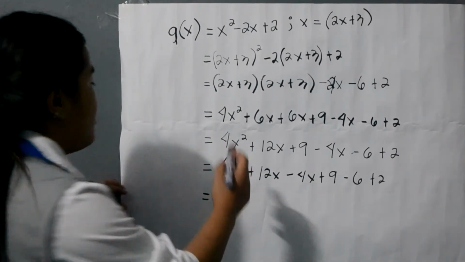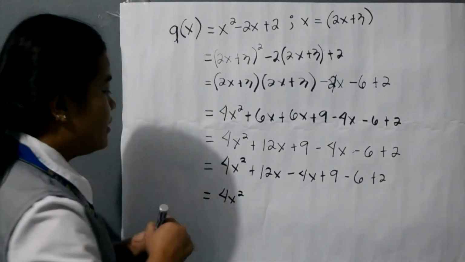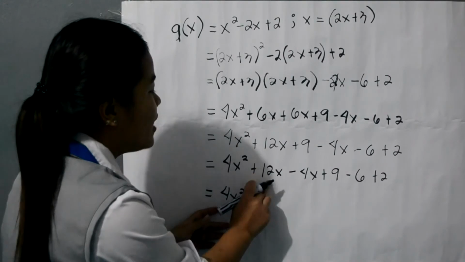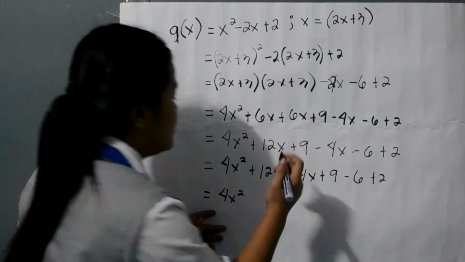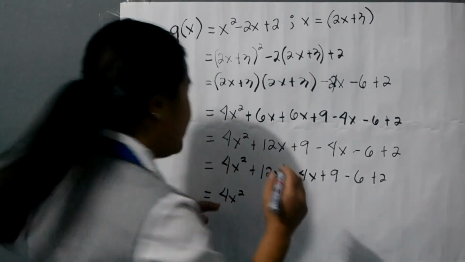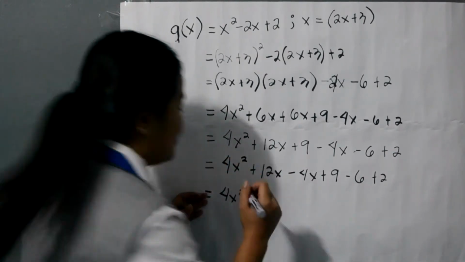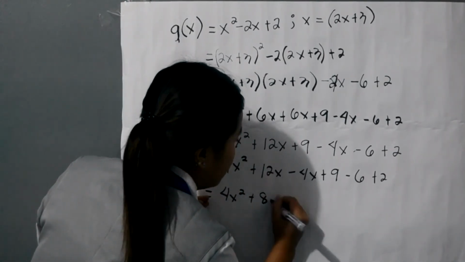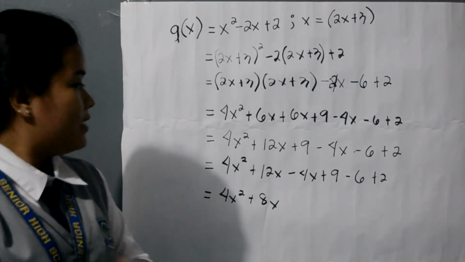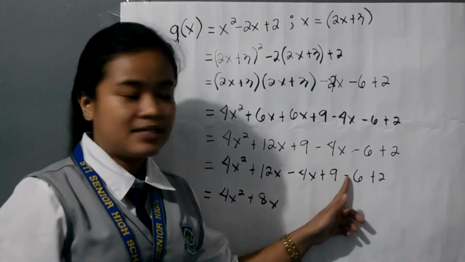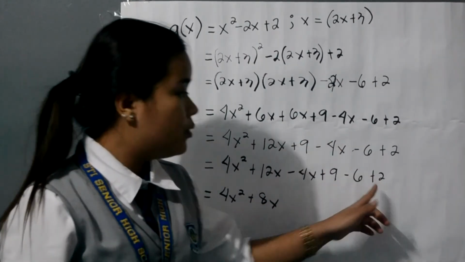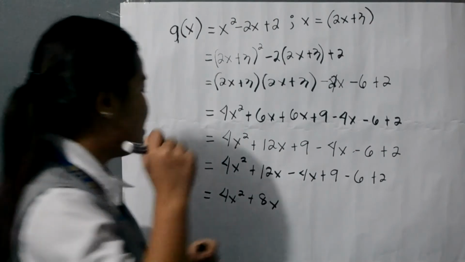So, copy the 4x squared. 12x minus 4x is positive 8x. Then, 9 minus 6 plus 2 is equal to positive 5.